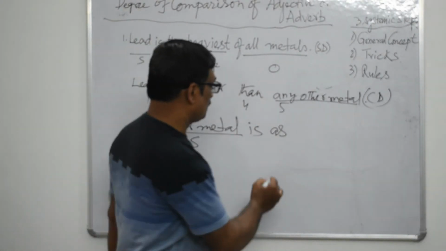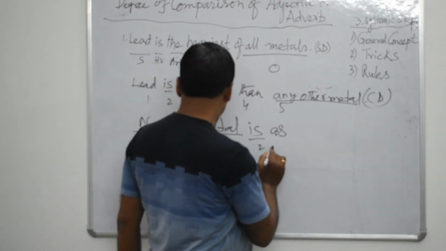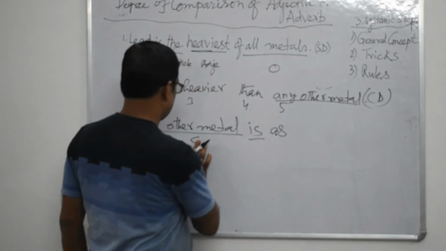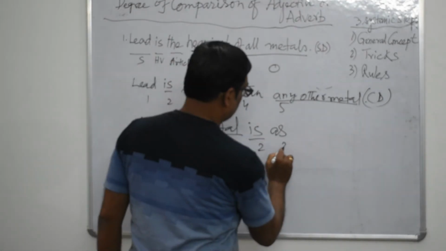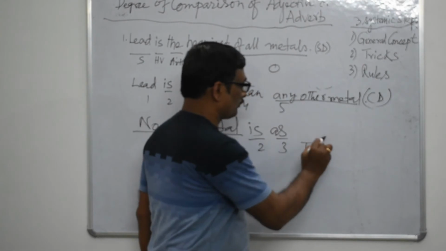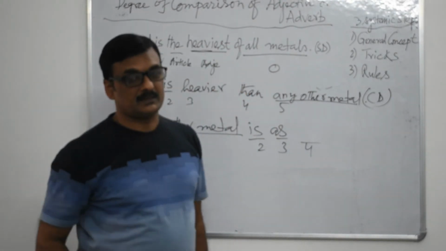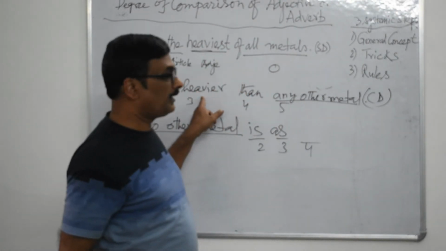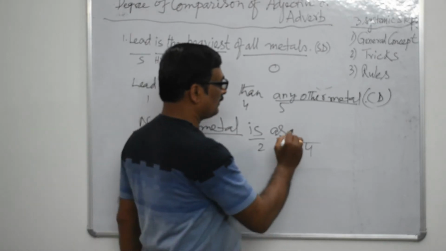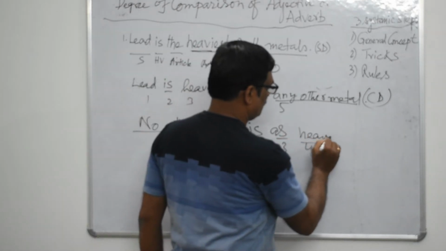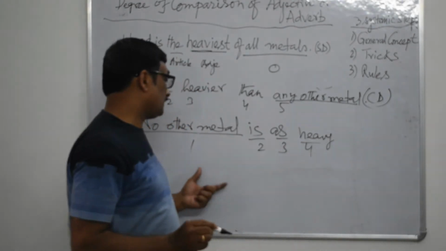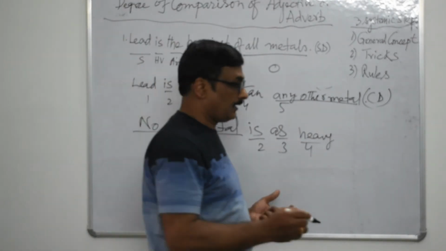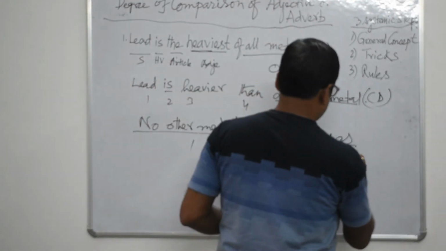This is number 1, this is number 2, this is number 3. Number 4, positive form of adjective. Heavy, heavier, heaviest. So heavy is the positive degree. No other metal is as heavy as. This is number 5.